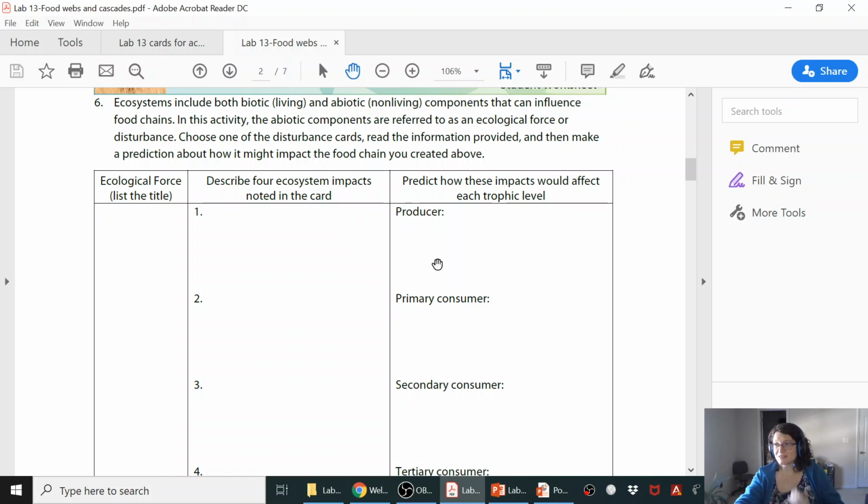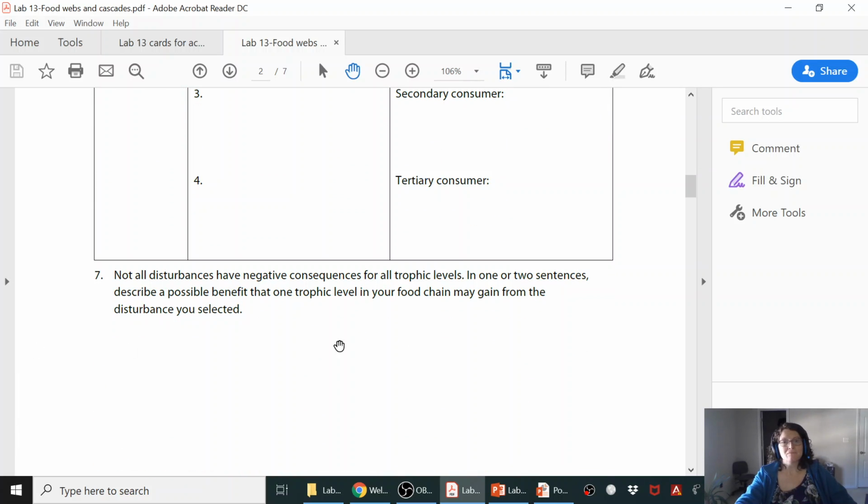Figure out which one it is, okay? And so you're also going to describe a possible benefit. So let's say that you have something like war. Well, war is removing a lot of large animals from the ecosystem. Actually, this might be good for some things that the large animals eat. So think about that, okay?